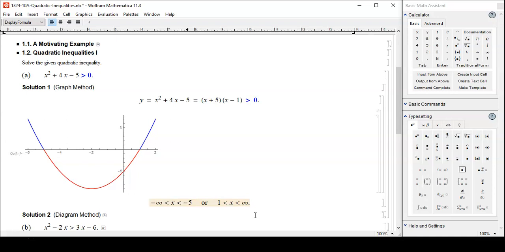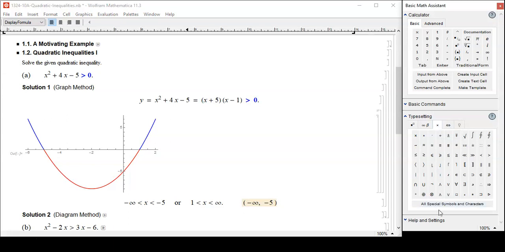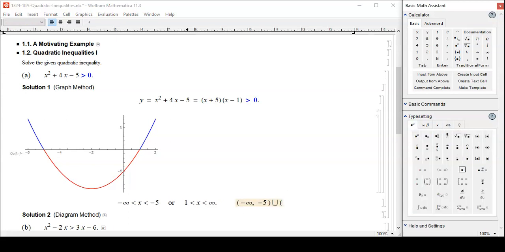So it simply says greater than 1, but consider that less than infinity is hidden, so that you get this kind of interval expression a little bit more easily. -infinity to -5, or so you have to have union, 1 to infinity like this.